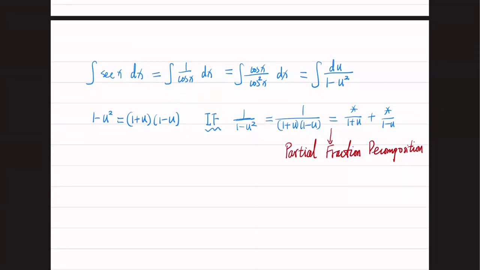Okay, let's make it work. Let's see how it works for this special example. We claim it's the combination of the two. We don't know what it is, so let's use unknowns, A and B, to be determined.